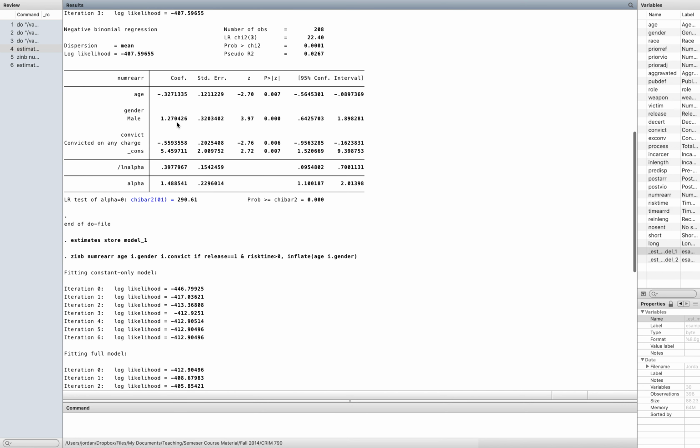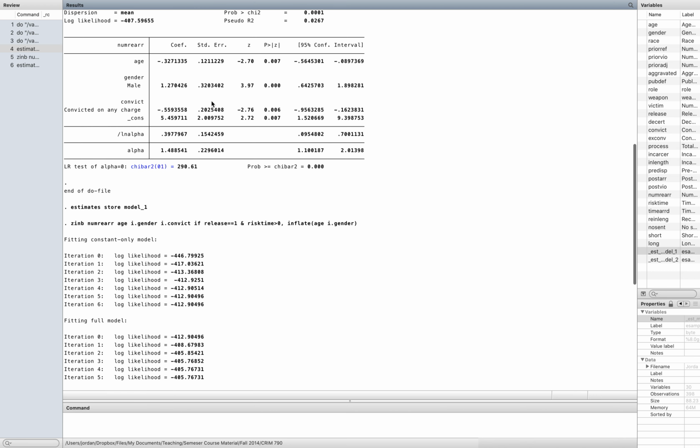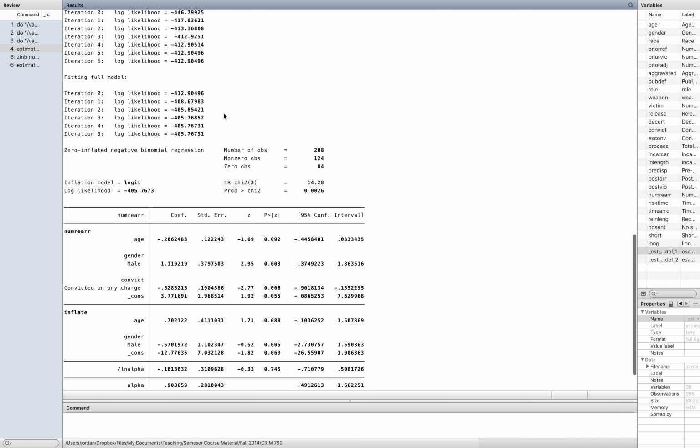Gender, 1.27, and significant. Here, 1.12, and is significant. So you see some differences between them. But again, the interpretations are the exact same way.